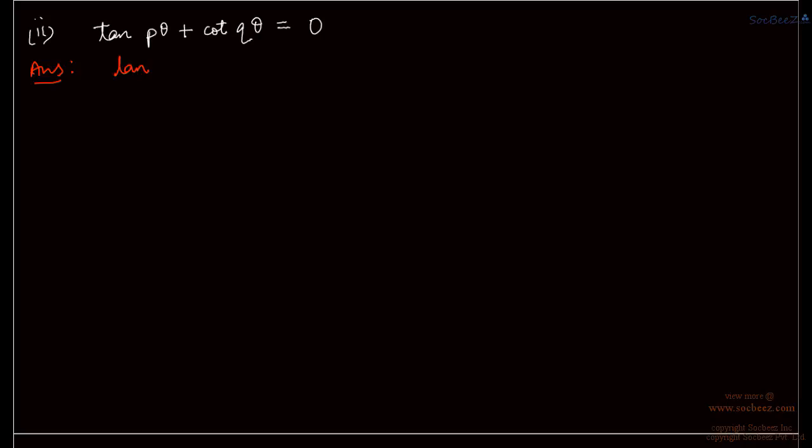Because tan theta is slightly more common, I'll express cot in terms of tan. Now we all know that minus cot x is tan of pi by 2 plus x.